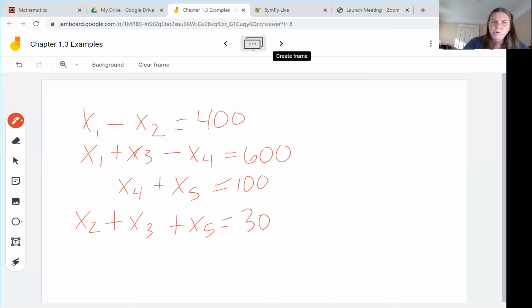All right, notice that my first two equations start with x1, and then I jump to an equation that starts with x4 and end up with an equation that starts with x2. So when I create my augmented matrix, I want to flip-flop these rows just to make my life a little bit easier, so that my x4 row starts last in terms of thinking about echelon form.